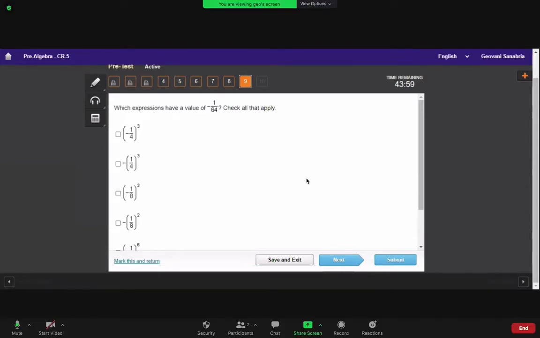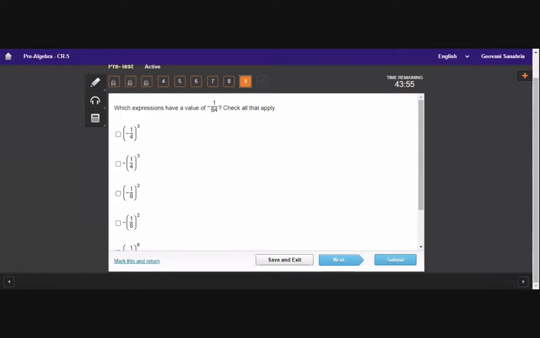I think all of these answers just put it in the middle, which means you kind of just have to know the rules for exponents. When you multiply an odd number of negatives together, you get a negative, and when you multiply an even number of negatives, this one has a lot going on.